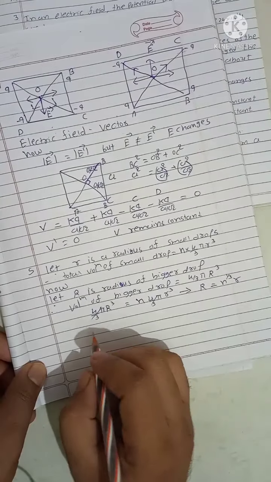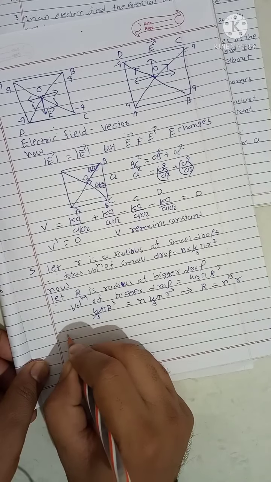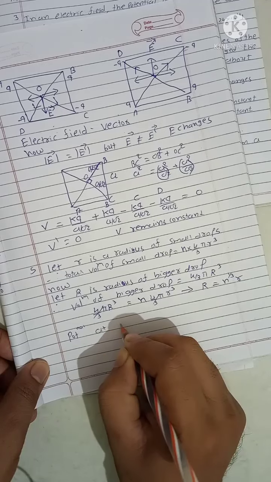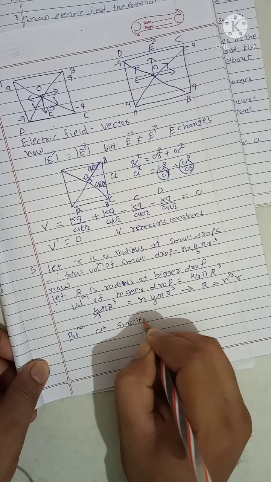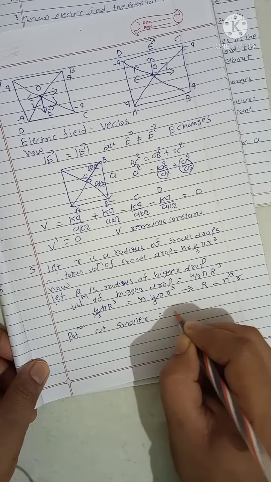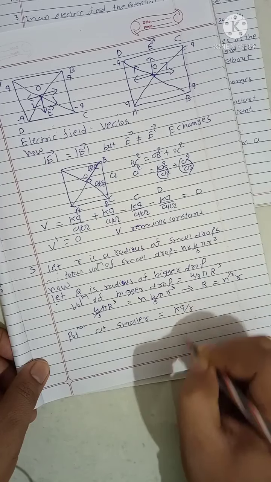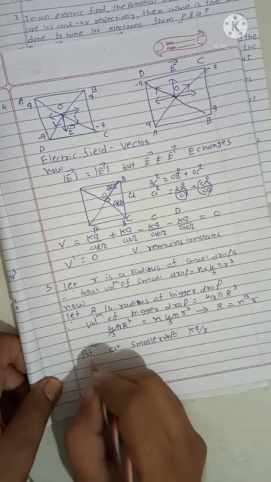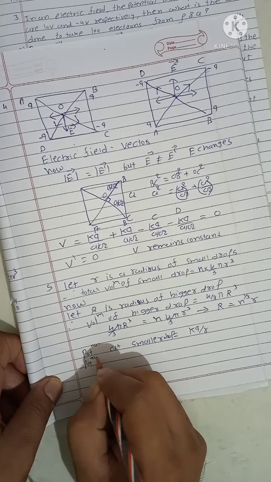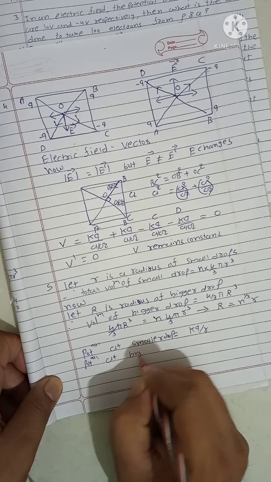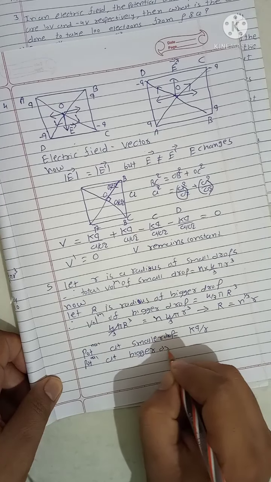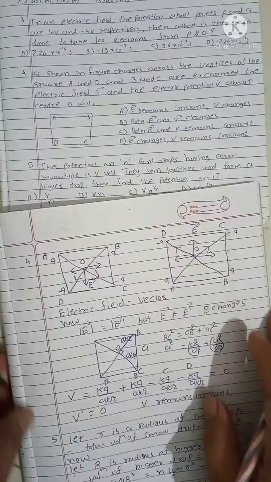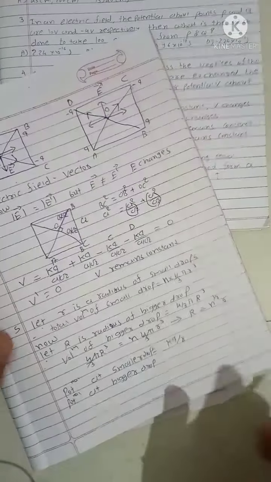Okay, now the potential at the smaller drop is kq by r. But the potential at the bigger drop, what is it? The potential at the bigger drop will be the total potential of n drops.